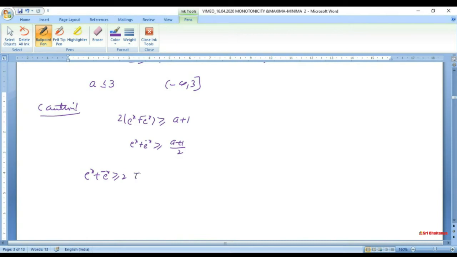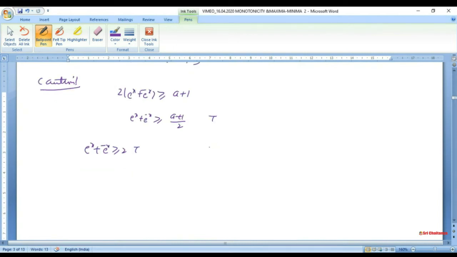This is also true. So somebody could have combined this and said that 2 is greater than or equal to a plus 1 by 2. And so 4 is greater than or equal to a plus 1, and so 3 is greater than or equal to a, and so a is less than or equal to 3. The answer is correct, but this reasoning you must avoid like the plague. This reasoning is too bad. This reasoning does not work.